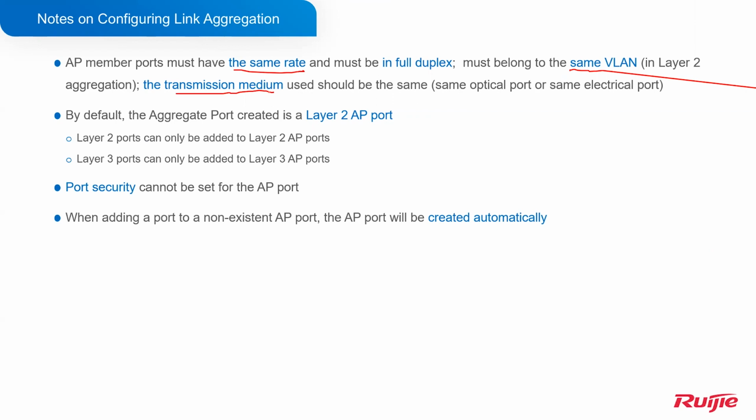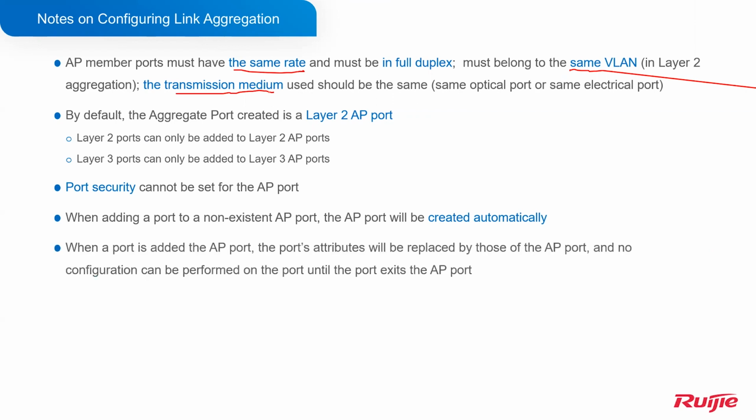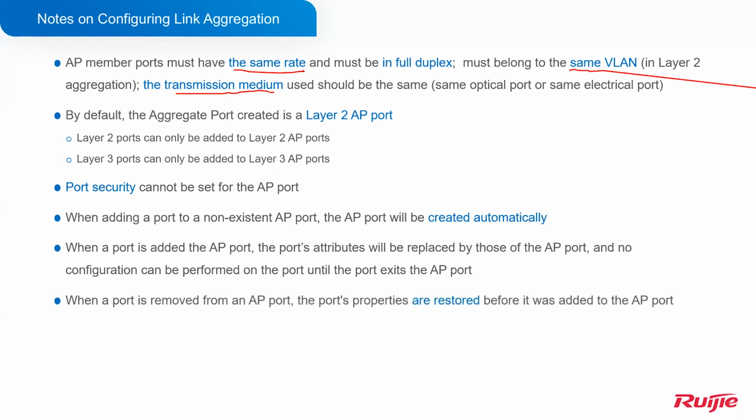Okay, we just mentioned it, right? And when a port is added to the AP port, the port's attributes will be replaced by those of the AP port, and no configuration can be performed on the port until the port exits the AP port.